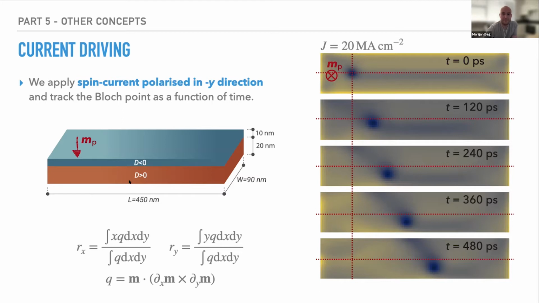I have one following question: is there a way to fabricate this type of sample with the same material but with different D values on top and the bottom layers? Yes and no. As I said, we started with a thought experiment and we've been looking at how we could maybe fabricate this. One way is that when we grow materials with epitaxial growth, we see grains of different chirality, and one way would be to etch the samples in such a way that we capture those boundaries.